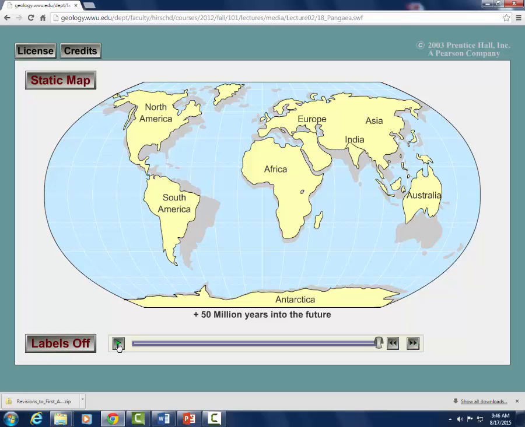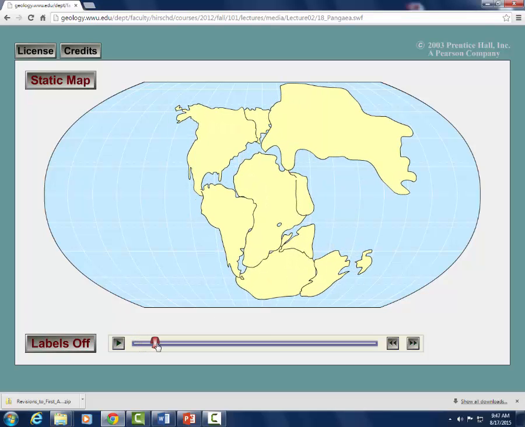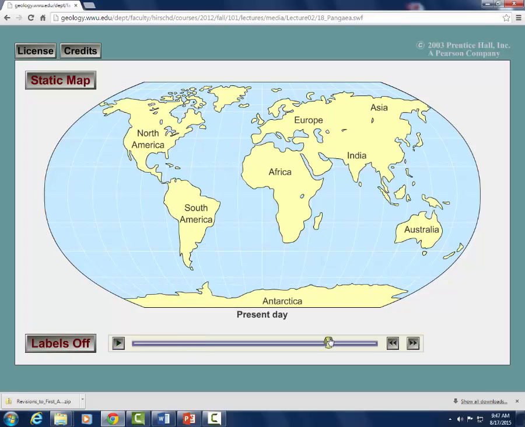Starting at about 272 million years ago, a supercontinent called Pangaea formed. The continents continued to bounce around until about 10 million years ago, when they arrived at their present location.